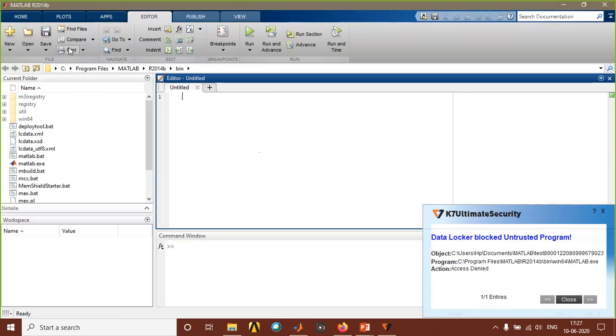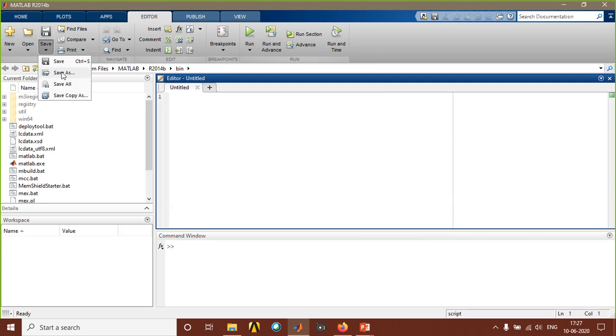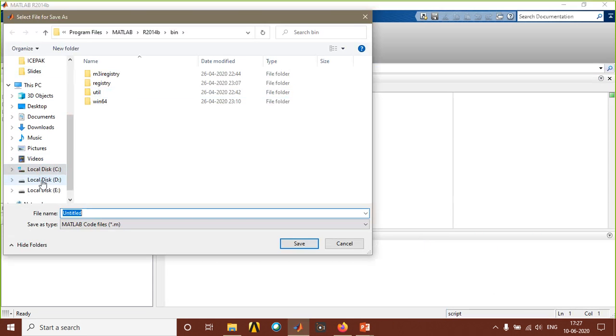Fine. As I already told, whenever you are going to create a Simulink model, it is better to create your script file so that it will be so much more beneficial.